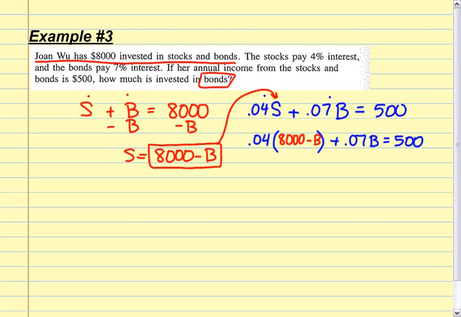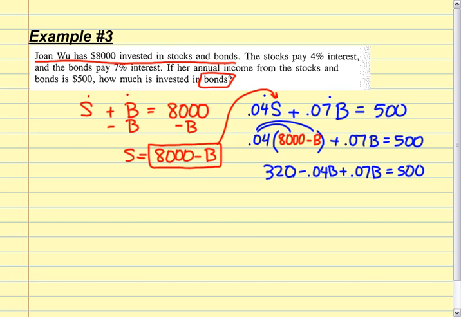Now your calculator is going to help you here because you're multiplying decimals. 0.04 times 8, that's going to be 320, I think. When I distribute, it's going to give me 320 minus 0.04B plus 0.07B is equal to 500.